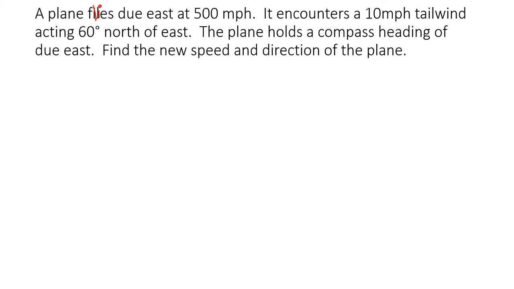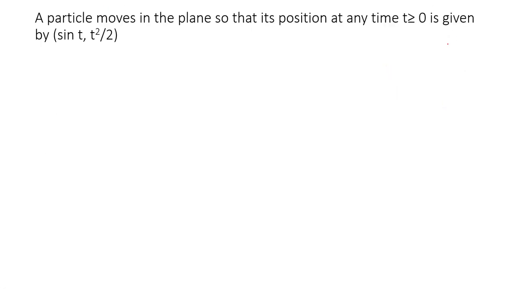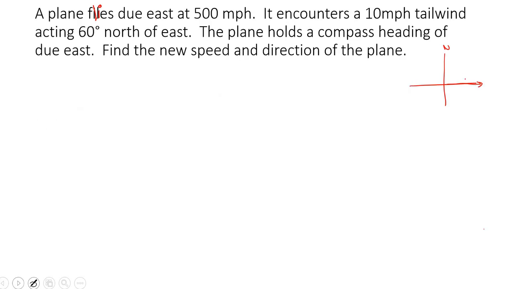It encounters a 10 mile per hour tailwind acting 60 degrees north of east. 60 degrees north of east means that this is east, here's north, so 60 degrees north of east would be like that. The plane holds a compass heading of due east. Find the new speed and direction of the plane.